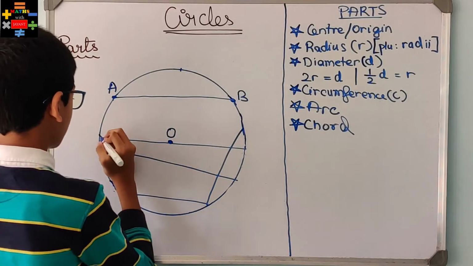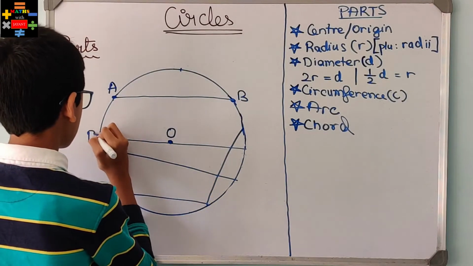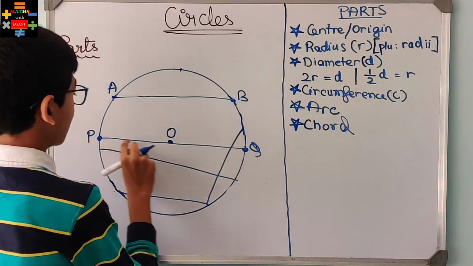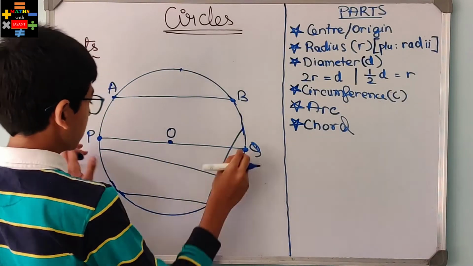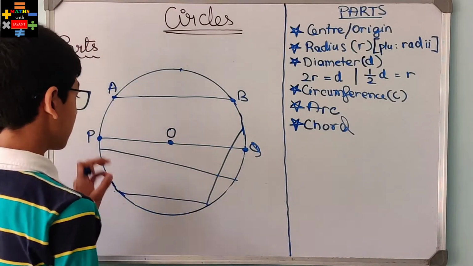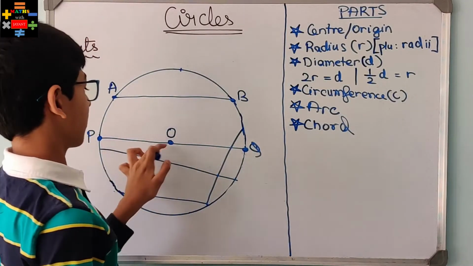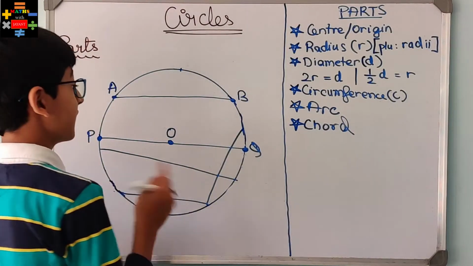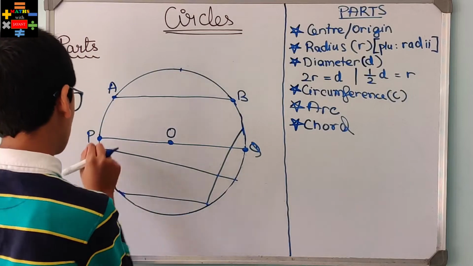Now, let us name this point P and this point Q. Look at this line POQ or PQ. Now, what can you see? It is passing through the center. So this is a diameter, right? You will say it's a diameter. But it is a chord as well. How?